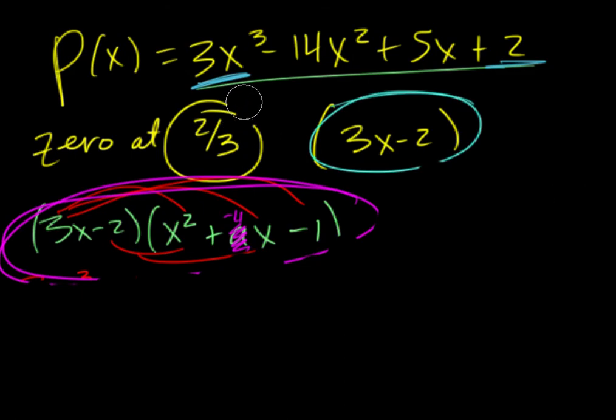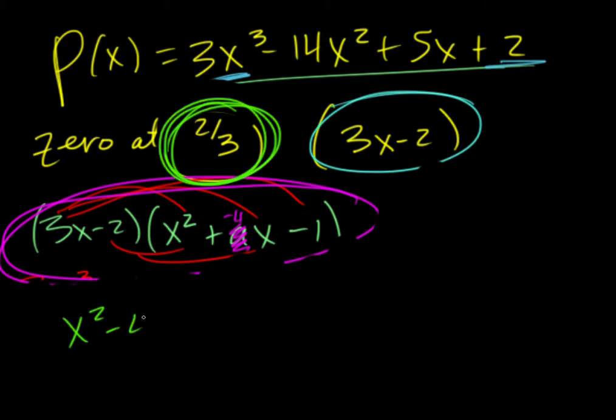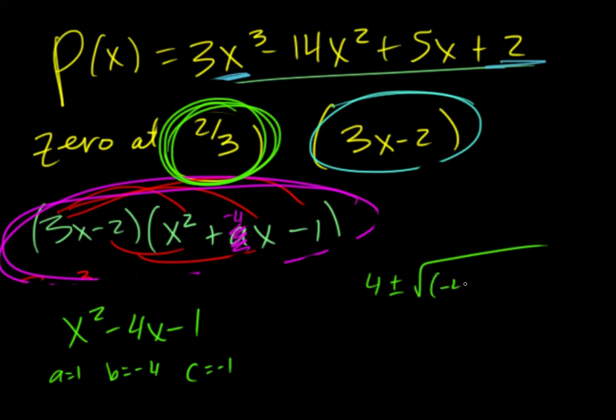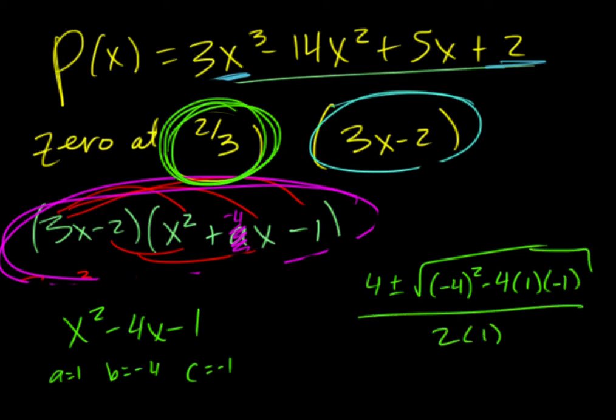We already know one of our zeros is 2/3, but we can take the x squared minus 4x minus 1, plug it into the quadratic formula, and see what we get.